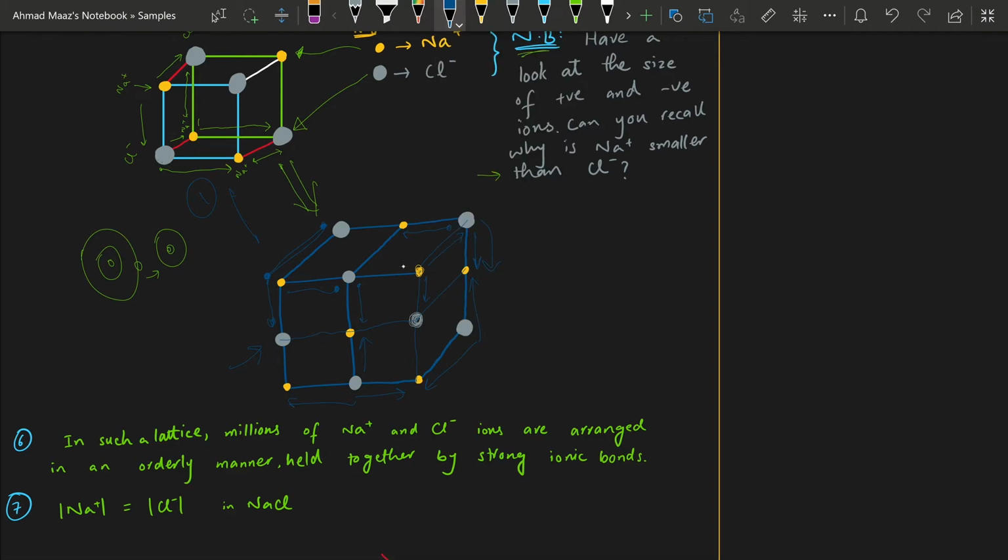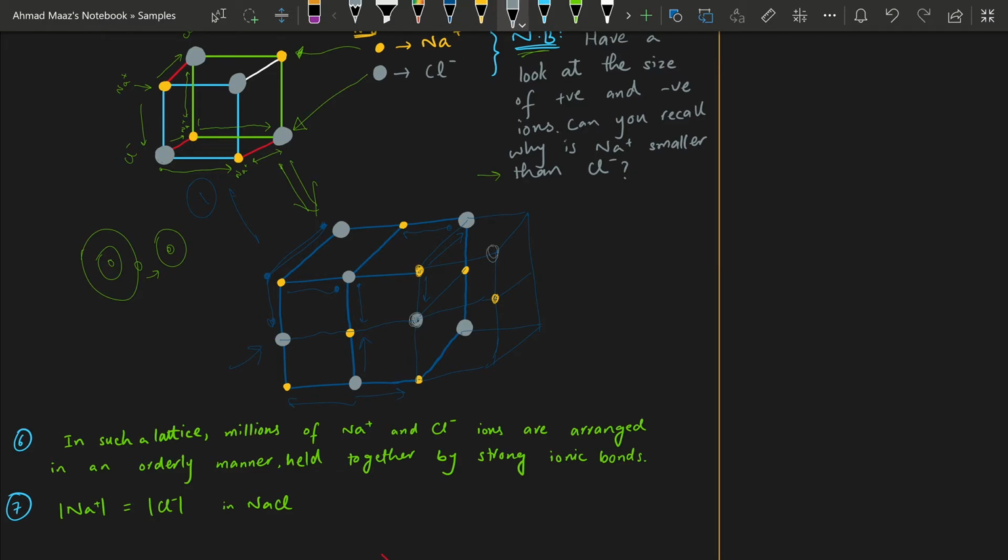Now if we want to draw another unit, we'll have to extend it over here, like this. Now we have a chloride ion over here, and it will be attached to a sodium ion over here.